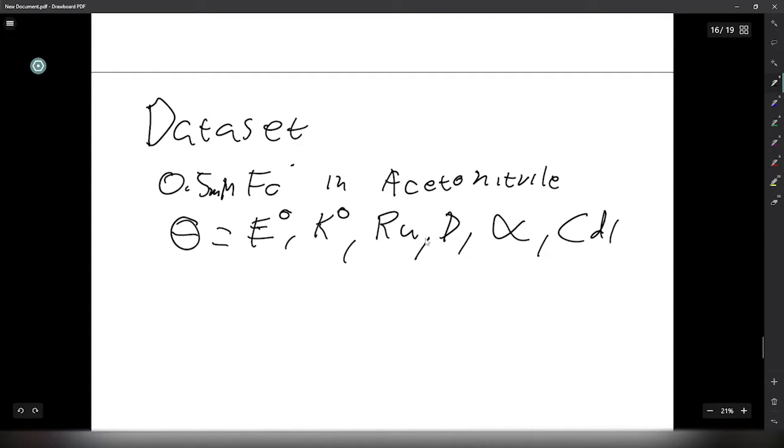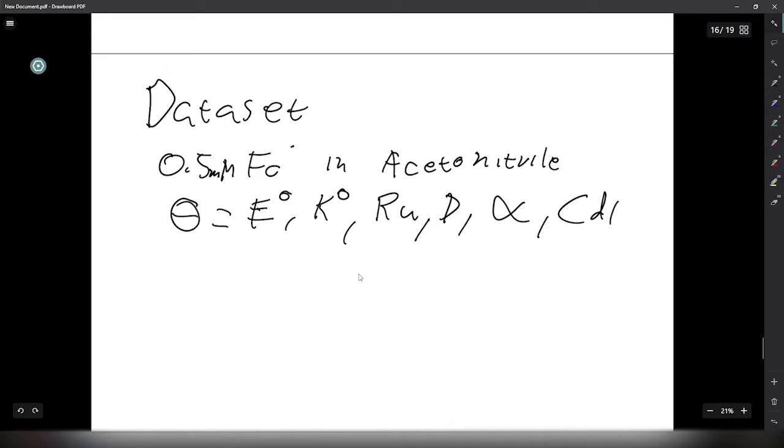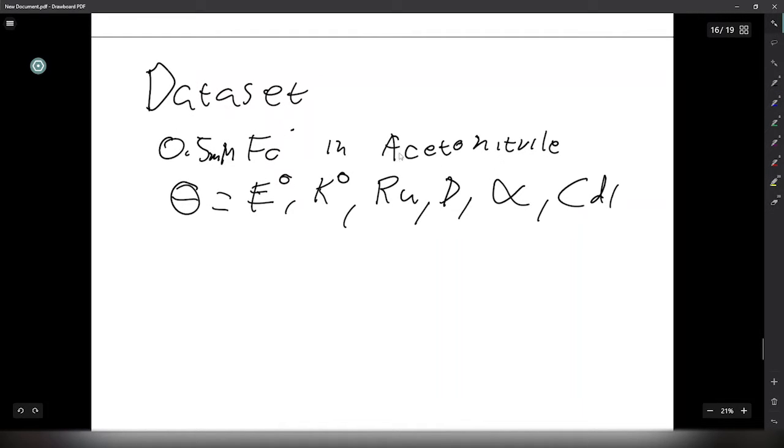This is generally the most amount of parameters you can optimize for an E system. You could also change concentration, which you might want to do because the acetonitrile will evaporate away, but that'll couple very aggressively to your diffusion.